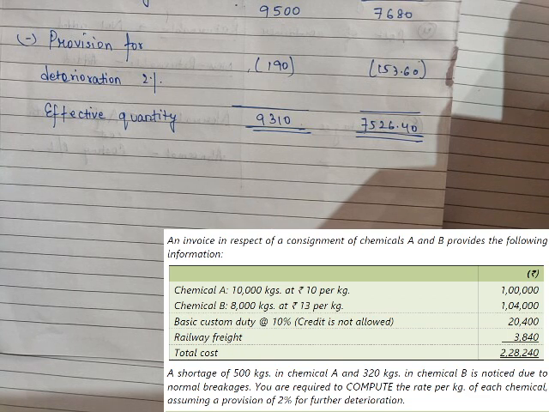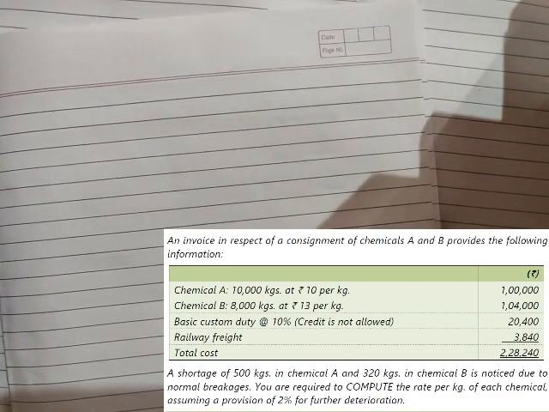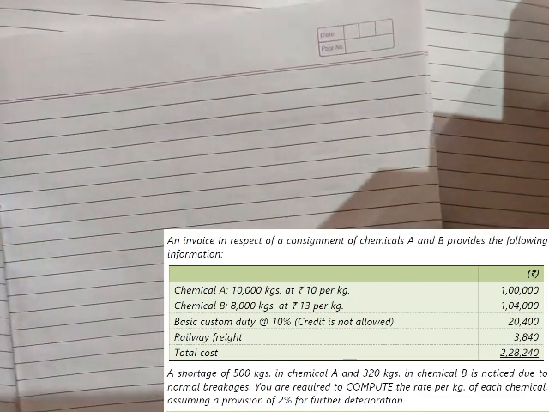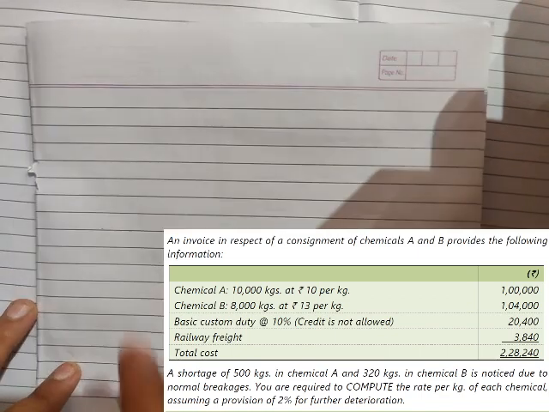Now every working and every solution should have a heading. Like for this, the heading was calculation of effective quantity of each chemical. So the main question, we are going to calculate the rate per kg of each chemical.